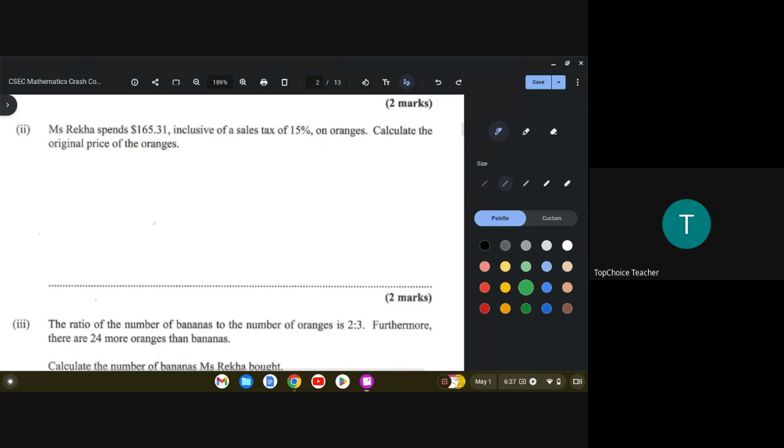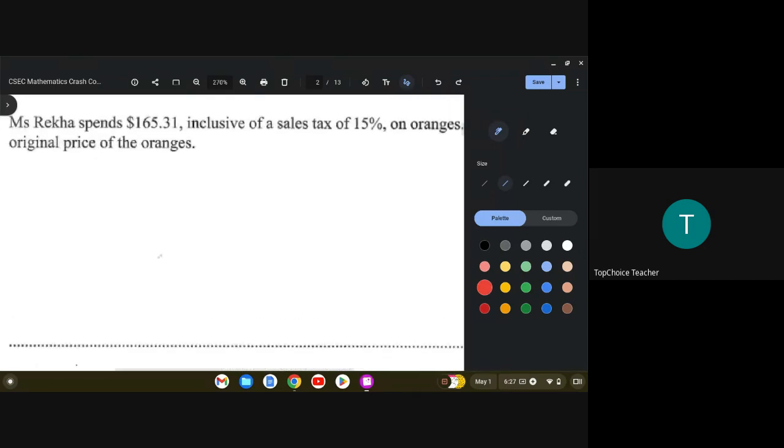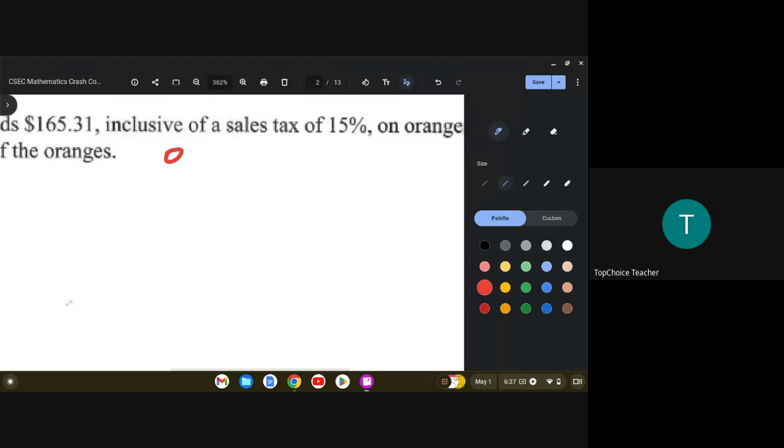This is actually a semi-ratio related question. I know some of you, as you hear ratios, you get scared, you kind of block off mentally from that. It's a kind of ratio. Watch what I mean by this. The original price, and I'm going to make a little note here, original price.